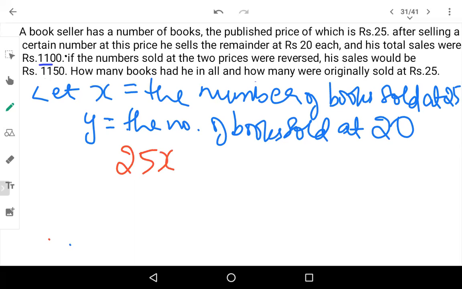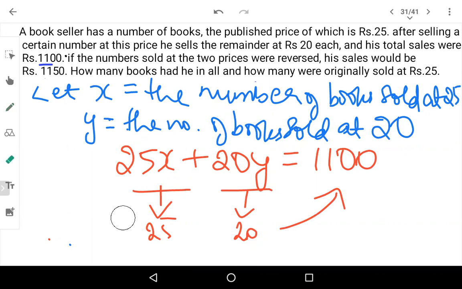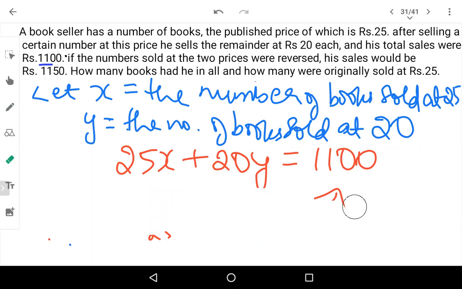So 25x plus 20y is equal to 1100. So if I sell few books at the rate of 25 and few books at the rate of 20 later, the total sales by adding both of them will give me 1100. So this is what the first derivation means.